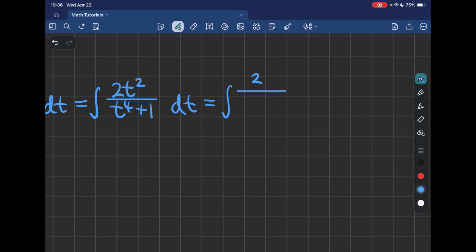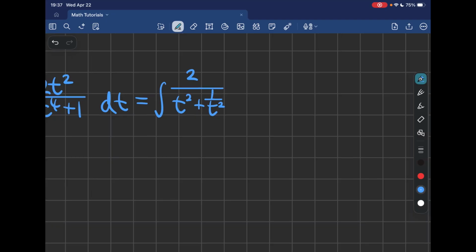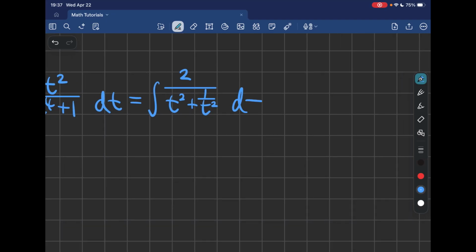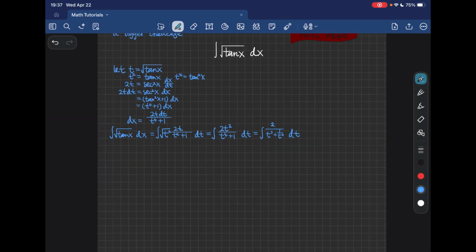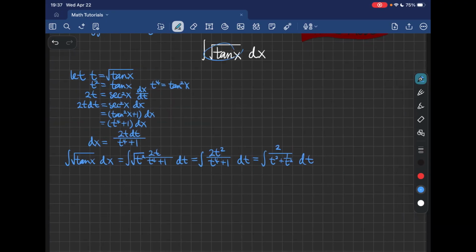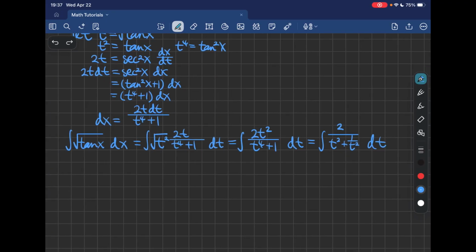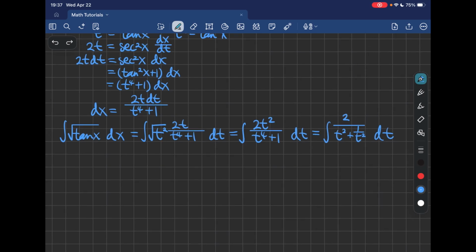We end up with 2 over t squared plus 1 over t squared, dt. That's our first step of removing the undesirable stuff, and there are more substitutions we will involve.